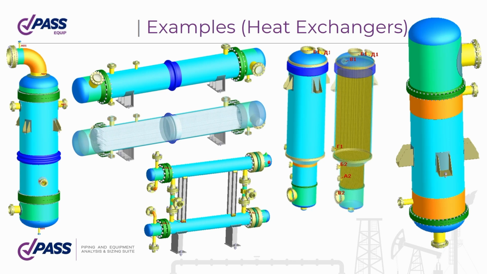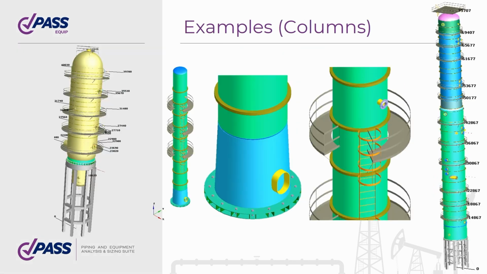On this slide, you see examples of horizontal, vertical, with expansion bellows, and dual heat exchangers. And columns. This slide shows the columns, including a double column mounted on a reinforced concrete pedestal.